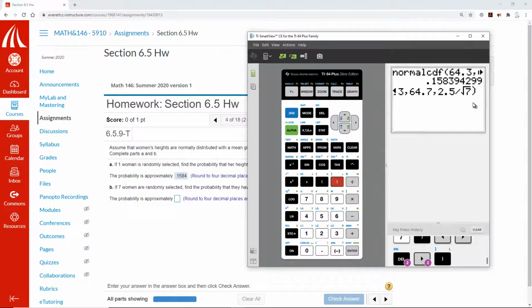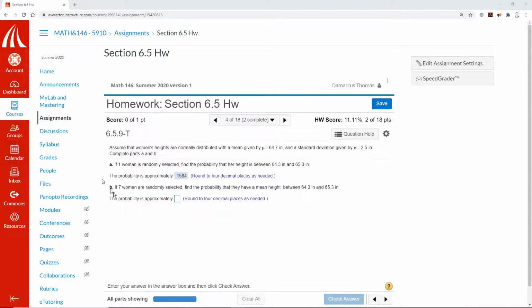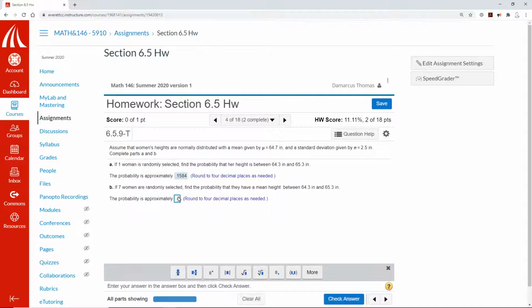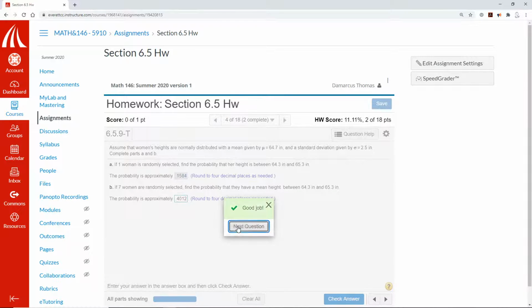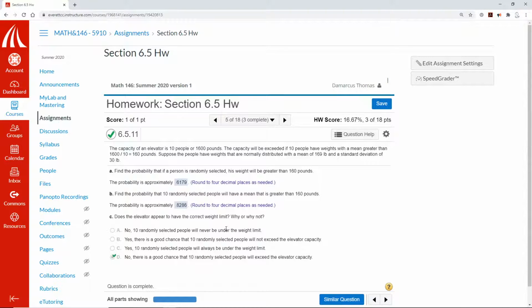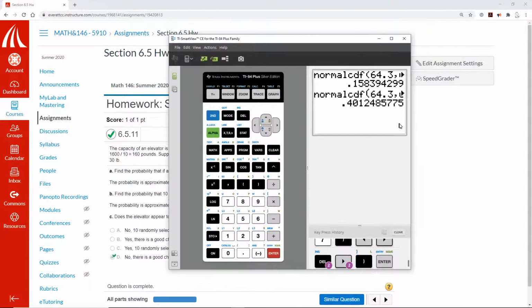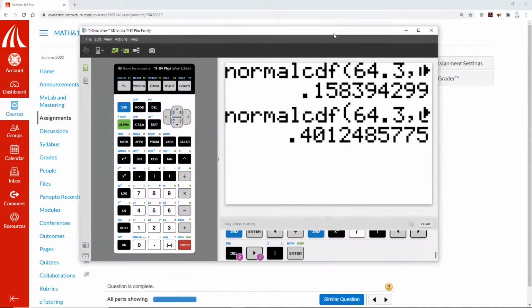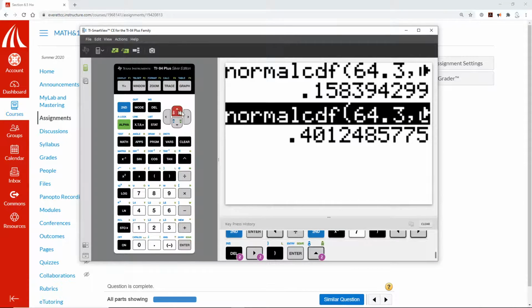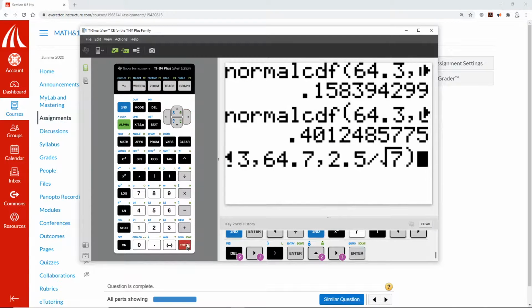It's the same thing, it just has a different deviation. 0.4012. And that's that. I hope you caught that. I did it pretty fast, but the main thing I wanted you to see is that the standard deviation changed. It's 2.5, but you're dividing by the square root of the sample size.